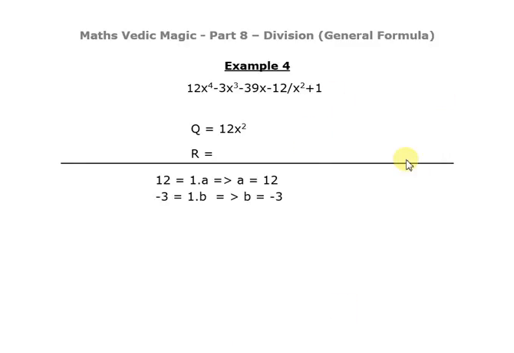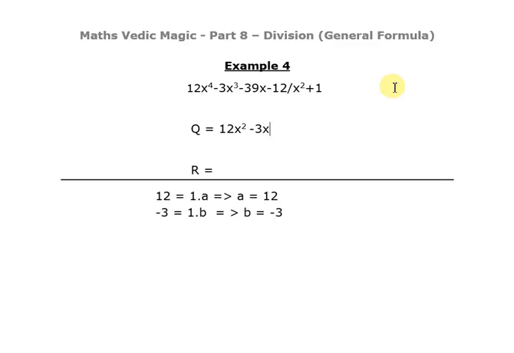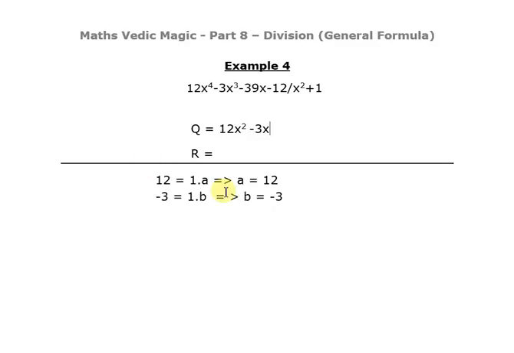Then the term for the next coefficient of x is minus 39. So how can we achieve minus 39? Minus 39 can be achieved by, because for x power 0 we leave it, multiplying this minus 3x of the quotient with 1, that's number 1.